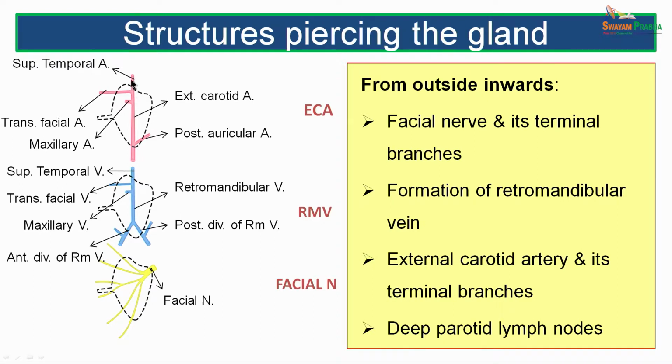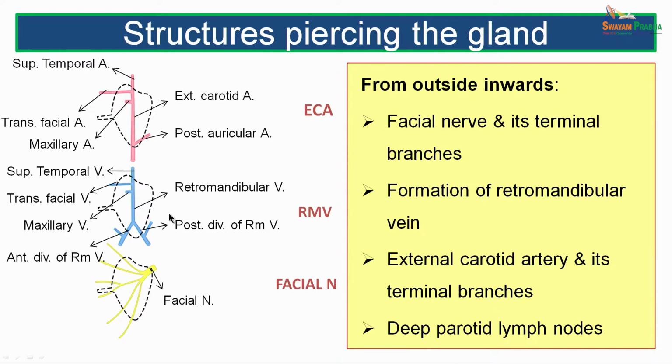The superficial temporal artery further gives one of its branches, that is the transverse facial artery, within the substance of the gland. So, that is the deepest structure present inside the parotid gland.